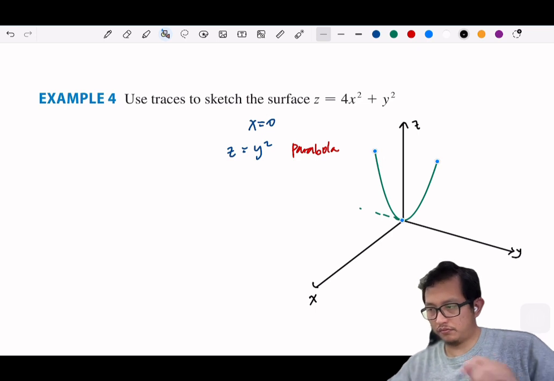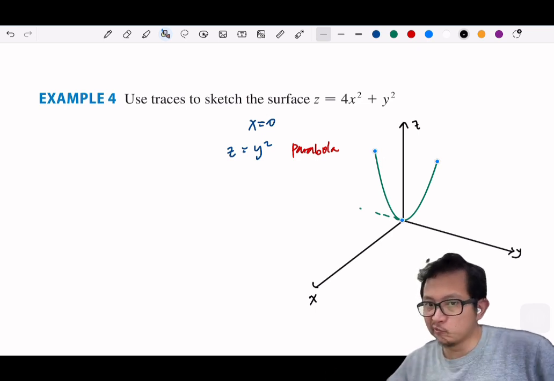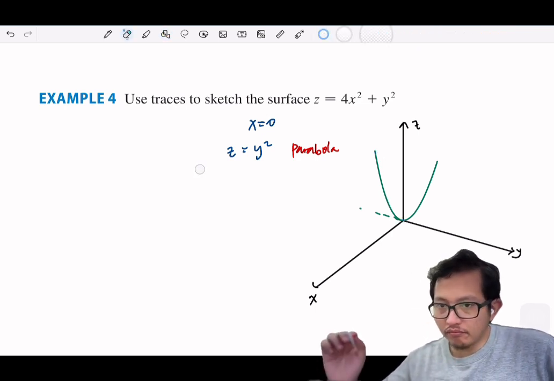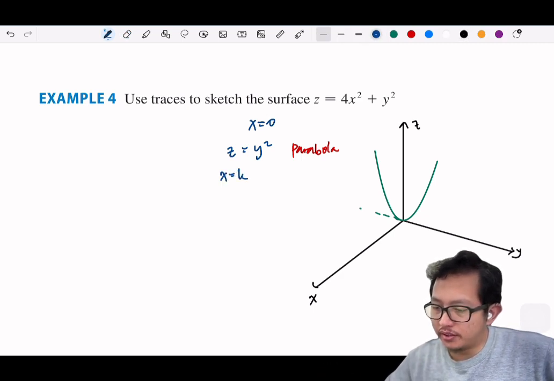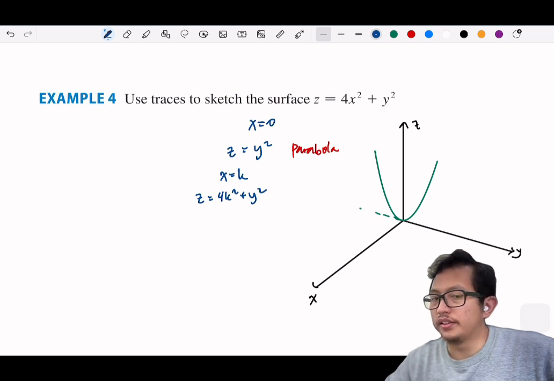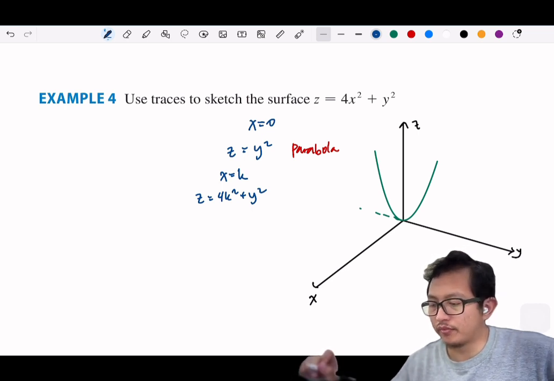Then we could take x as a constant, and we could see that we can have a difference in the parabola.